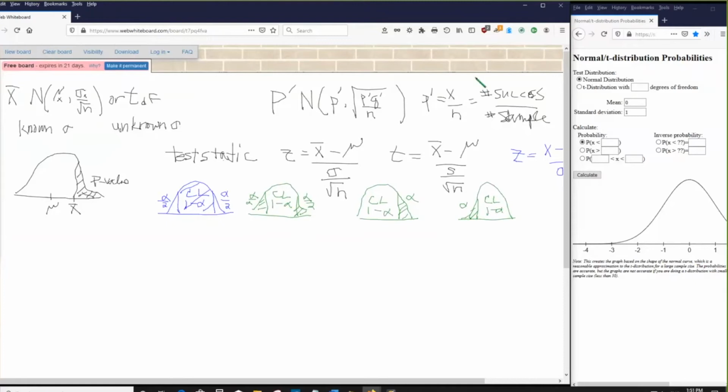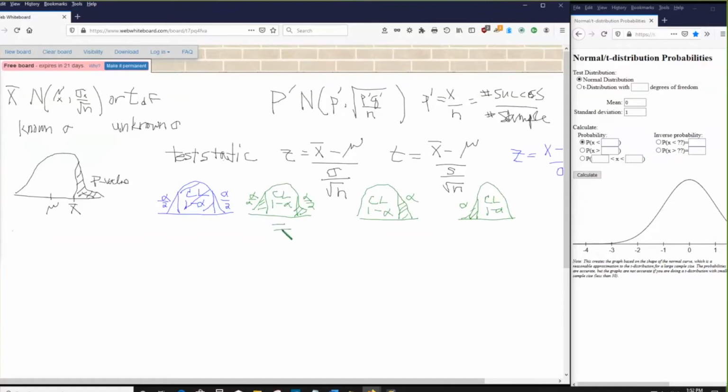So we'll start with a two-tailed test. First off, a two-tailed test is always going to have your equal and not equal.